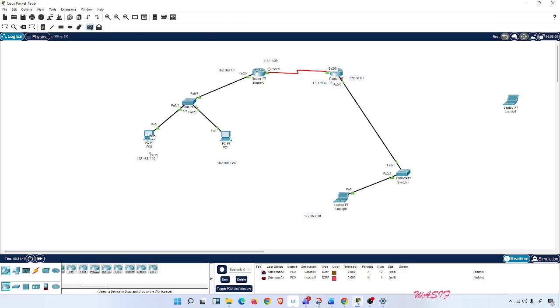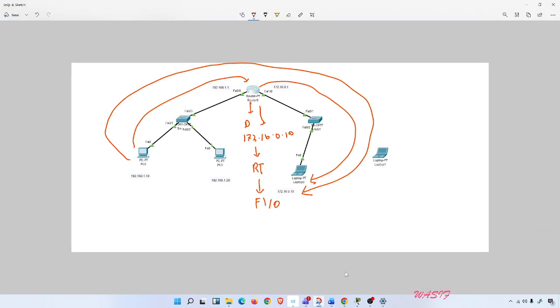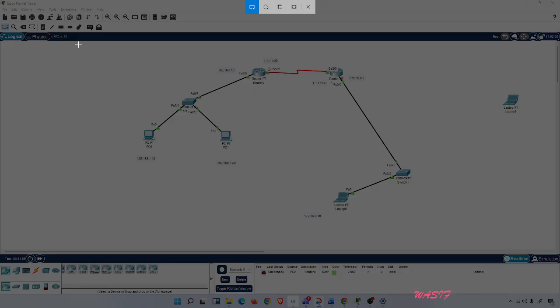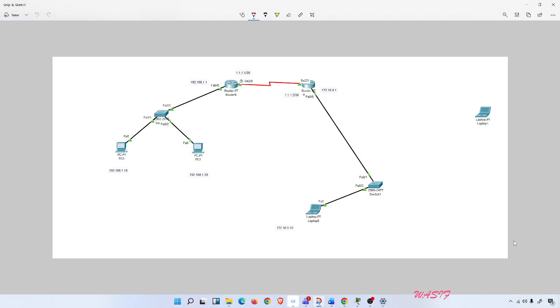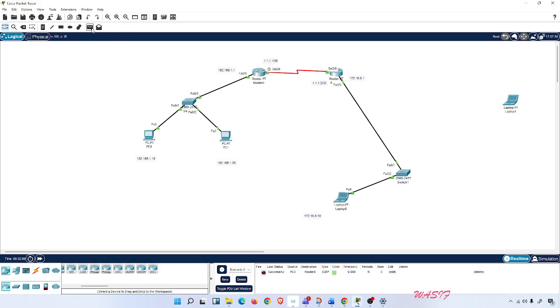Okay, now let us have a look at it. Take this one here, let's remove everything, send a packet from here to here, successful, right? And let me draw this one here. So here to here was successful. Here to here is also successful.